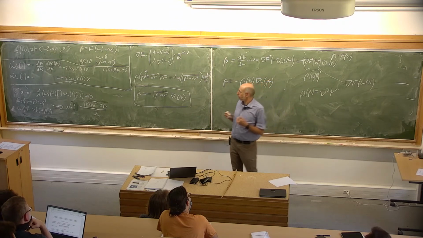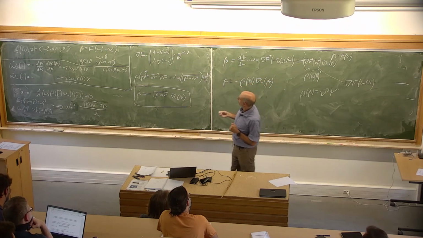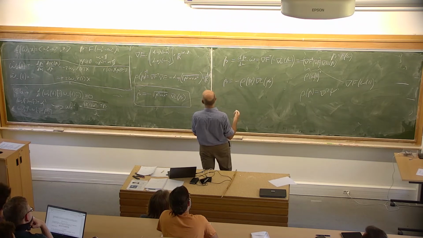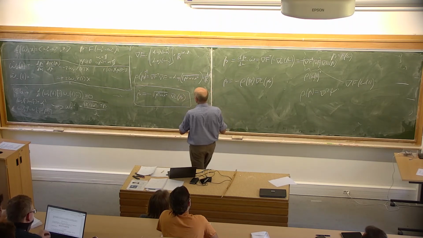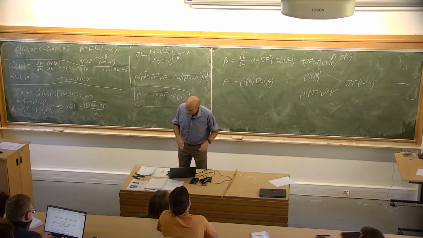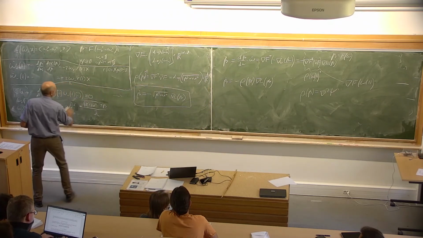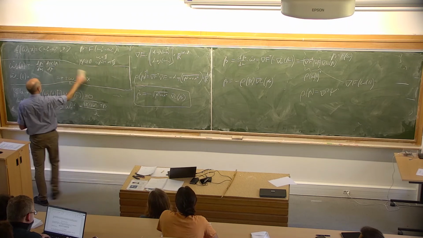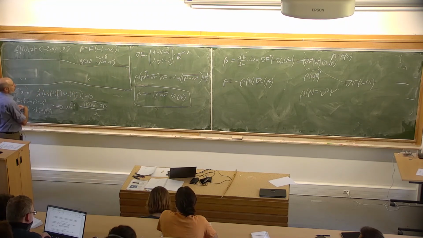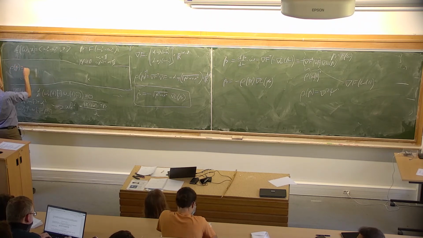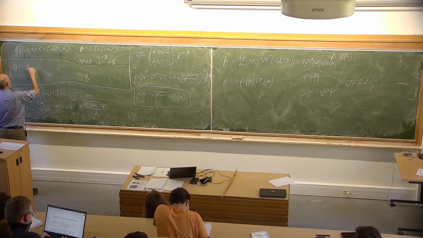In this case, we're in luck because our metric tensor, where is it? Let's go back to this board, because now we're talking about this specific model. So our metric tensor is diagonal.